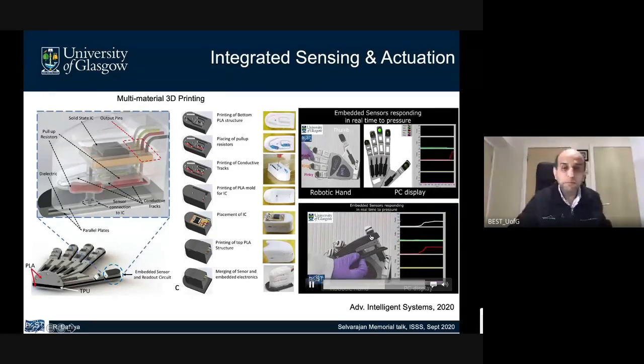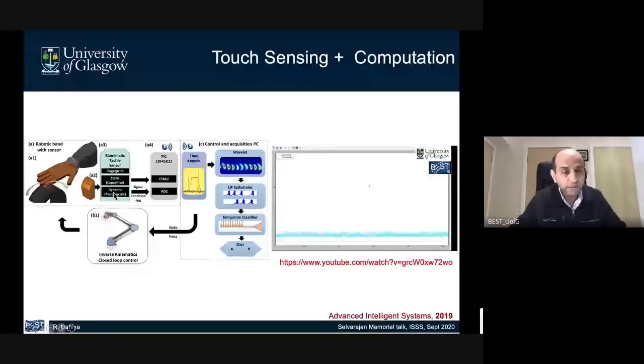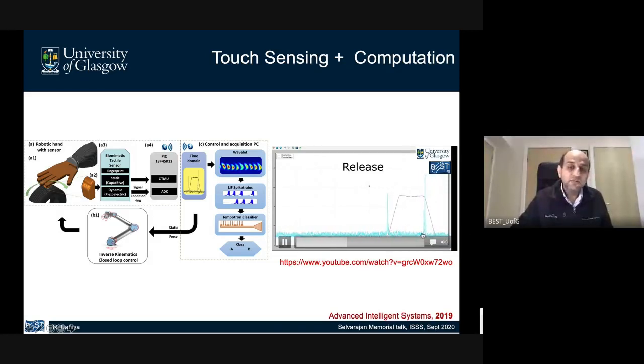We have also implemented a stack of capacitive and piezoelectric sensors with fingerprint-like structures. In the previous example there was only a capacitive sensor, but in this case we also have a piezoelectric sensor. The advantage of this approach is that you can detect static as well as quasi-static and dynamic events.